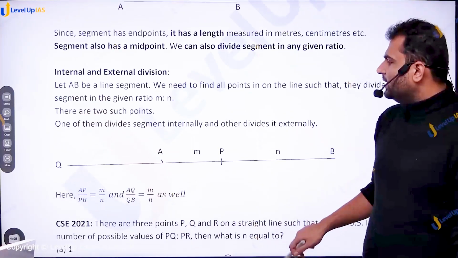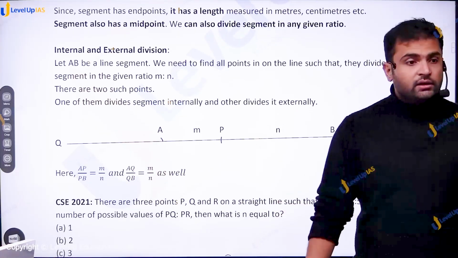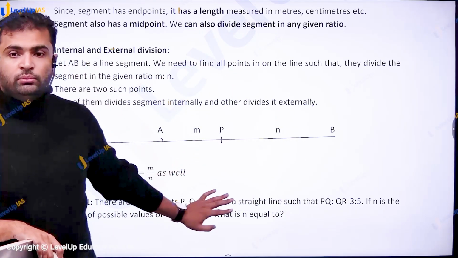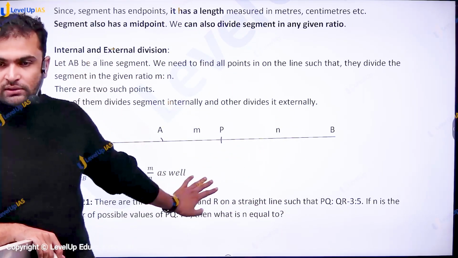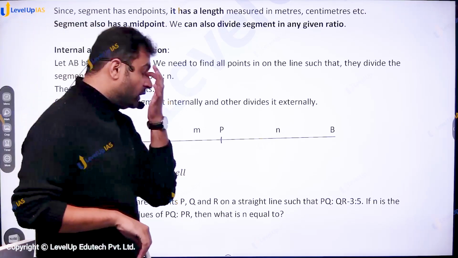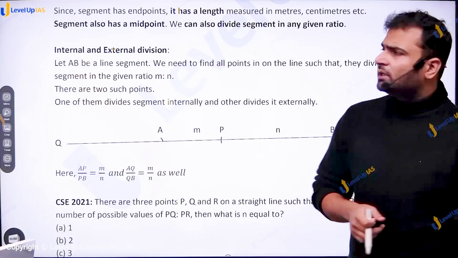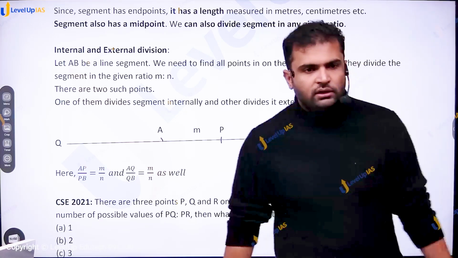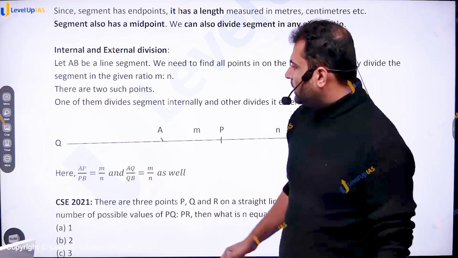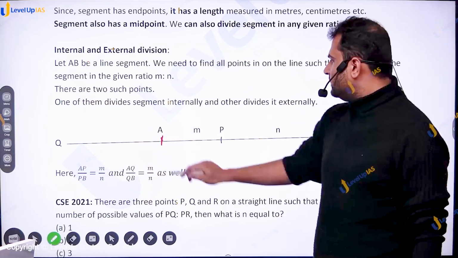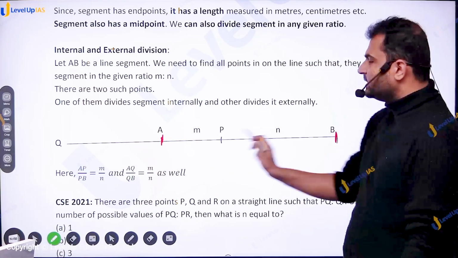Then internal and external division, again something on which questions have been asked. I am not teaching unnecessary things. You will see that some questions have been asked. What we mean by internal and external division is, we saw that a line segment can be divided into 2 parts. So, for example, this is, let us say, line segment AB.